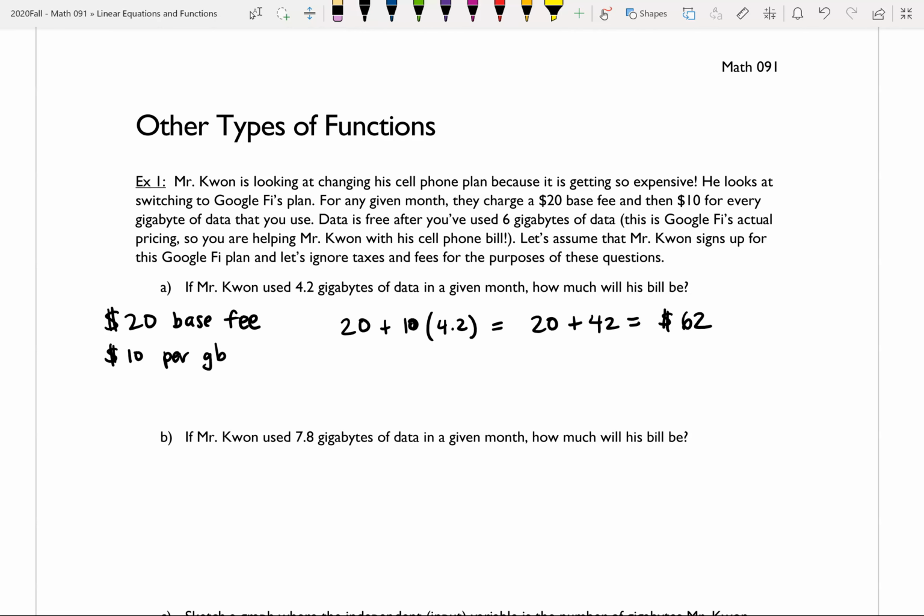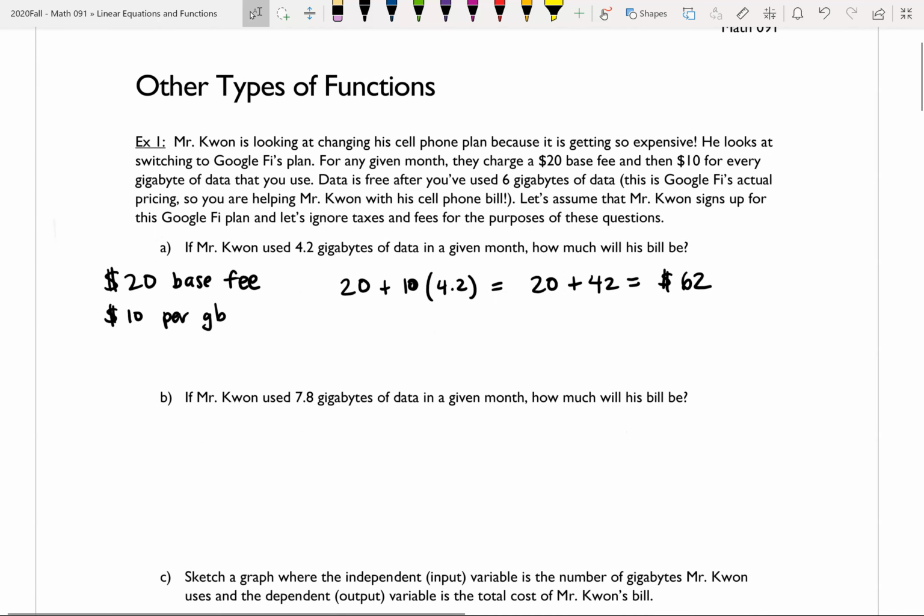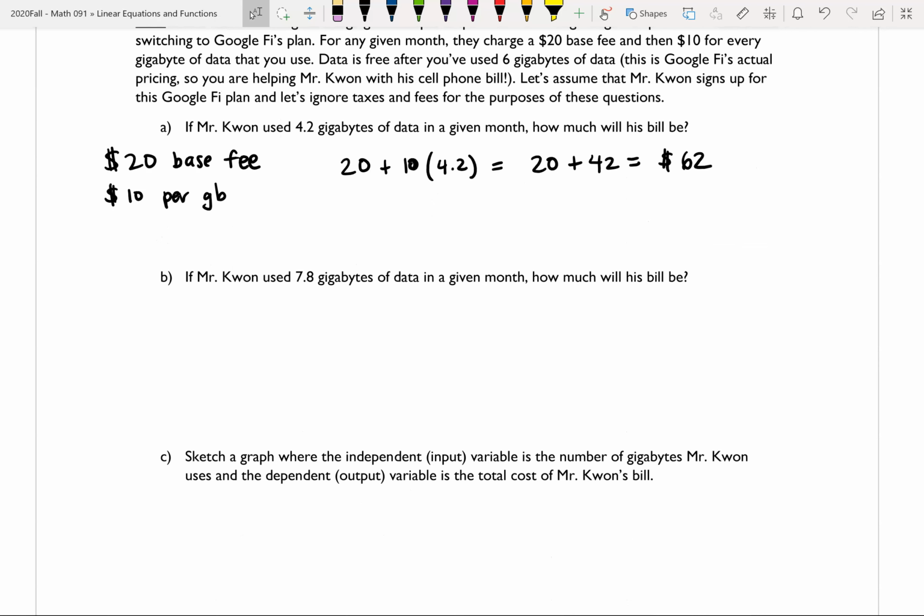All right, so part B says, if Mr. Kwan used 7.8 gigabytes of data in a given month, how much will his bill be? So again, we know that we have that $20 base fee plus 10 times the amount of gigabytes of data that we use. However, note that it says data is free after you've used 6 gigabytes. So this question is specifically asking, what if we use 7.8 gigabytes of data?